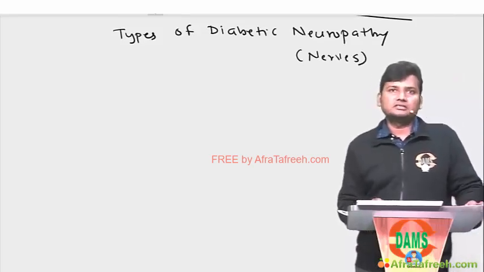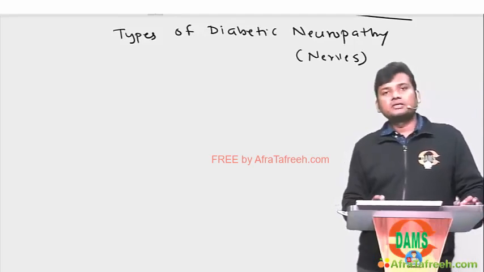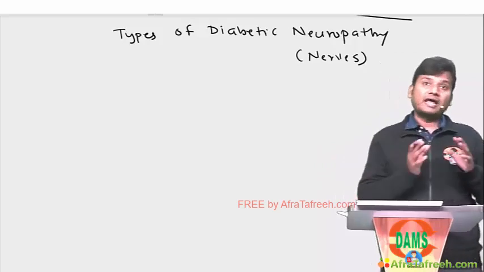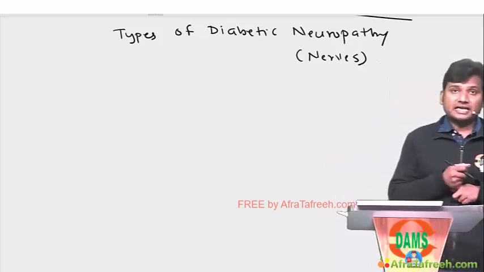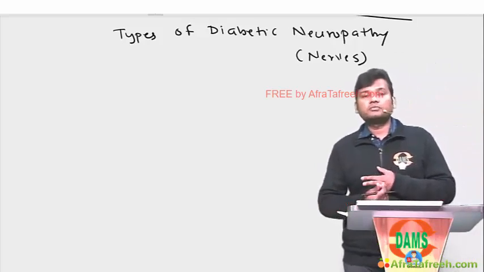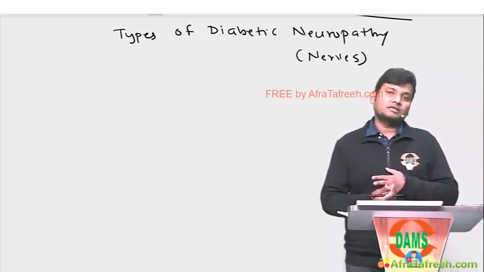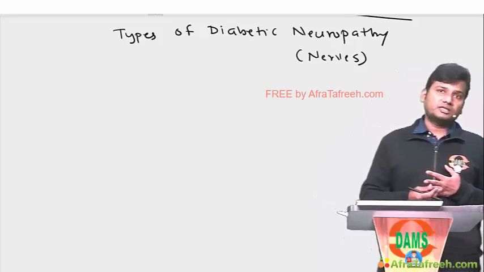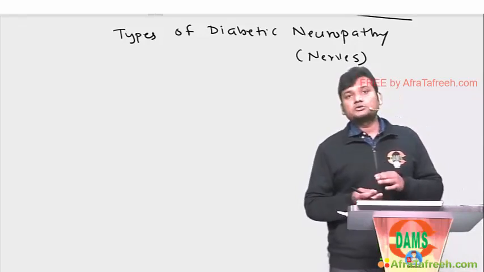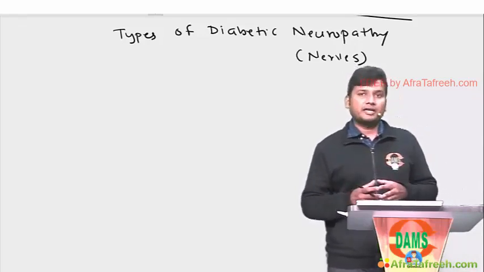There are different types of neuropathies of diabetes. First one is DSPN, second one autonomic neuropathy, third one mononeuropathy consisting of peripheral neuropathy and cranial nerves, and also plexopathy. So there are four types of diabetic neuropathies.